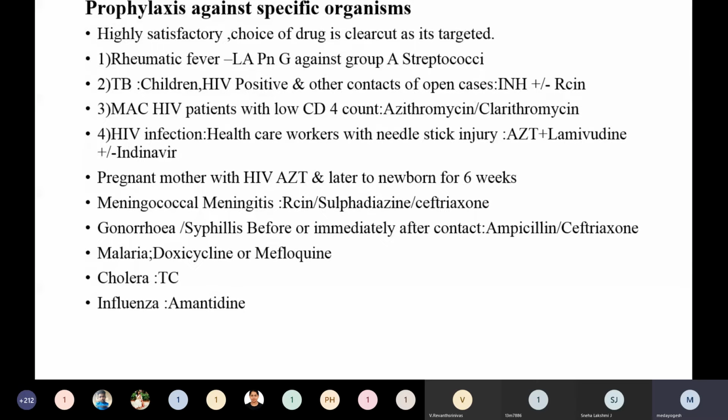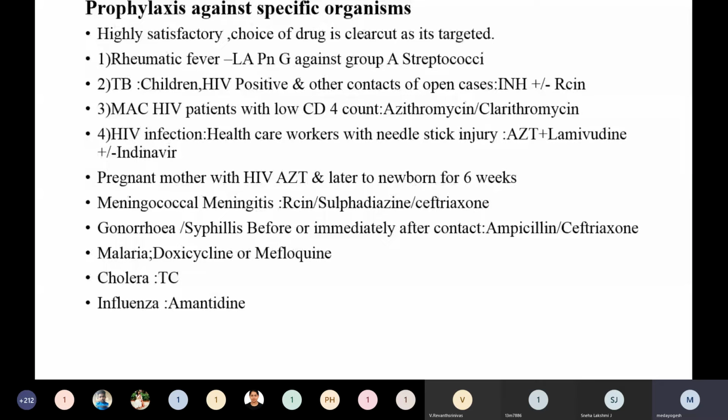Along with that, we have to treat the newborn baby either with zidovudine or nevirapine syrup for 6 weeks. A patient of meningococcal meningitis, we have to put on rifampicin, sulfadiazine and ceftriaxone.